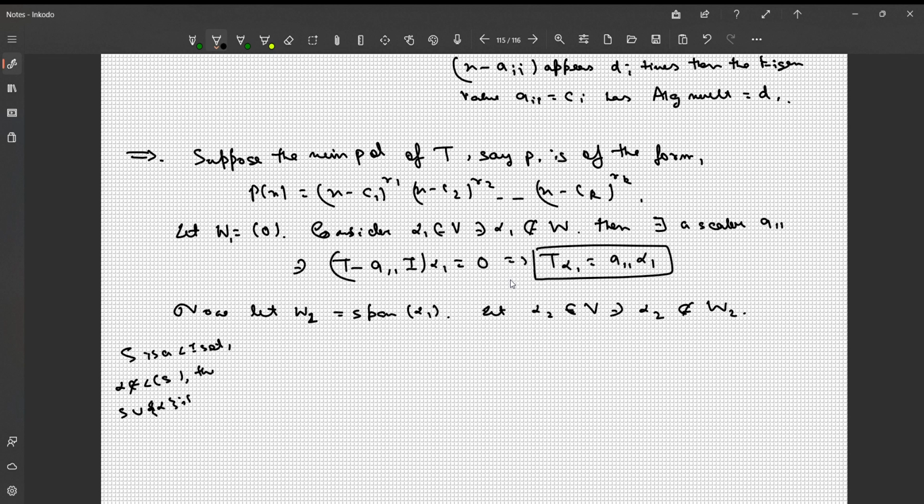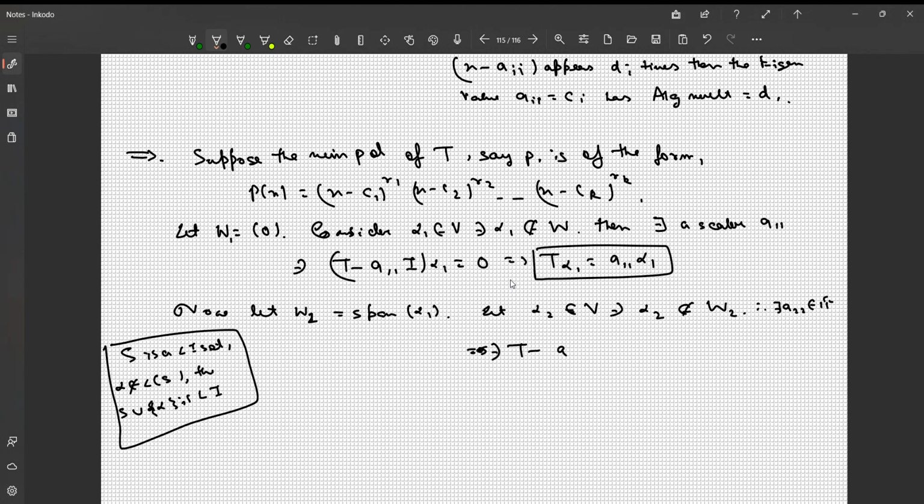That is, if S is a linearly independent set and alpha is an element which is not in the linear span of S, then S union alpha is linearly independent. Okay, so this was something we had studied. So since alpha 2 is chosen outside W2, it's not inside the span of alpha 1. So basically alpha 2 and alpha 1 are linearly independent. Right?